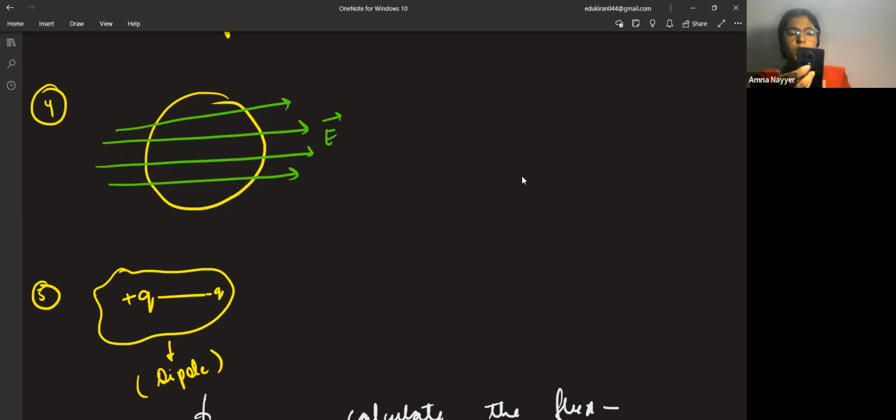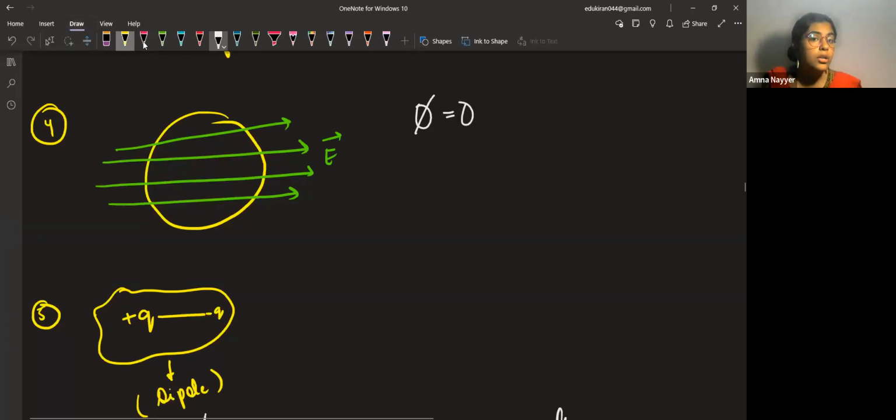If a field line is just passing like this, not intersecting it, not touching its surface, then what will I say? No flux is present, right? Because no field line is crossing it. So phi becomes 0 in this case.